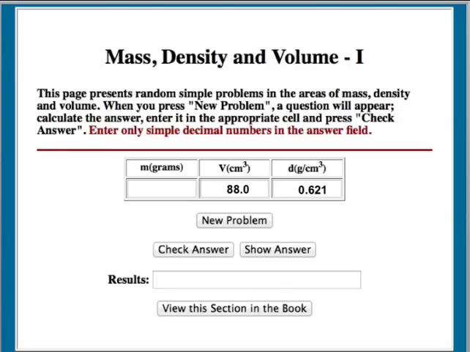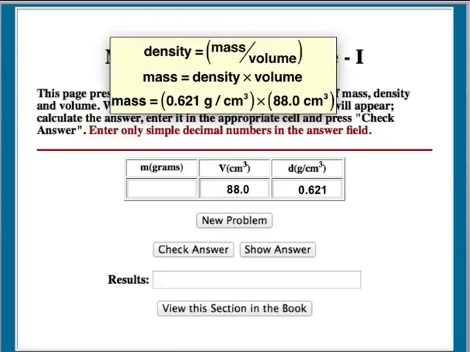Given these two, figure out mass. If density is mass divided by volume, then mass is density multiplied by volume.